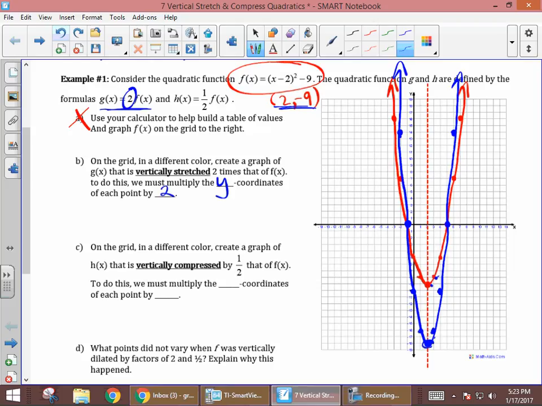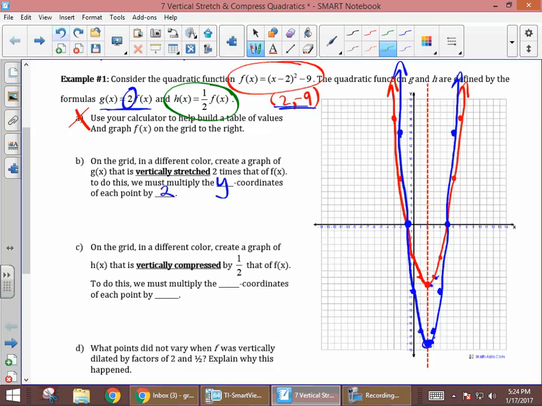And you see that it is a little more narrow than the function that was given to us before. Any point that did not sit on the x-axis is twice as far away as it originally was from the function f of x.